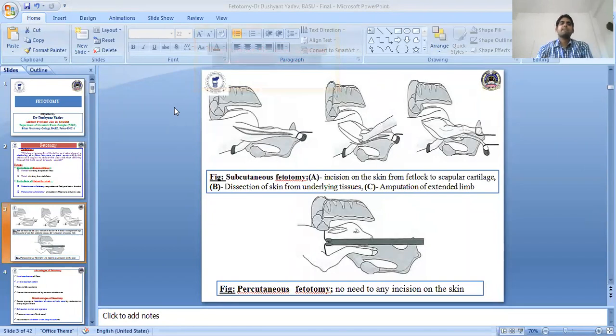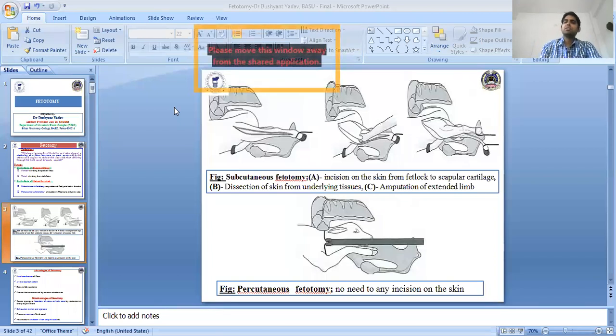Okay. In the subcutaneous fetotomy, we generally give an incision on the skin below the fetlock joint, or sometimes over the scapular joint.